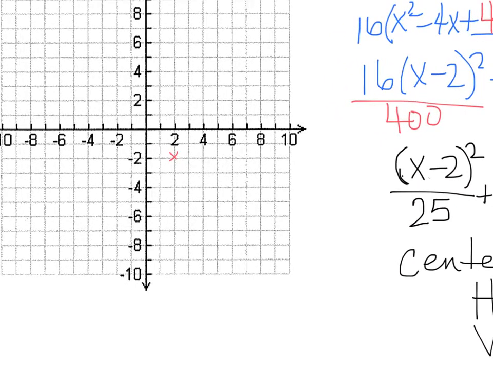Horizontally, I need to make a mark 5 units to the right, make a little graphing mark. 5 units to the left, make a graphing mark. 4 units to the top, because that was the vertical, and 4 units to the bottom. From there, form your ellipse.